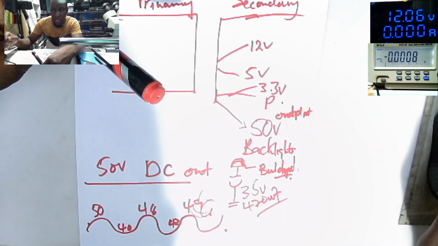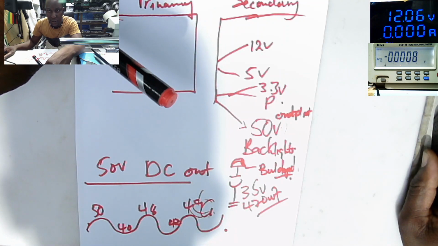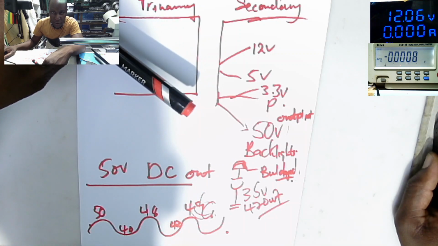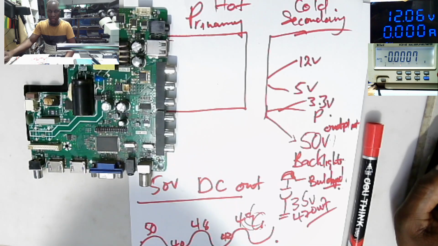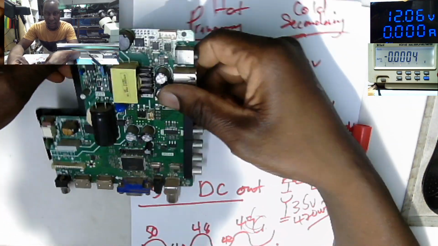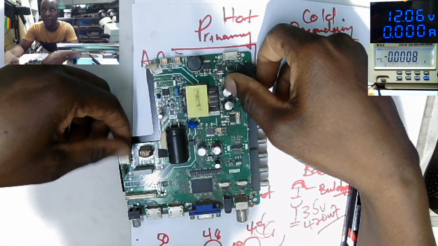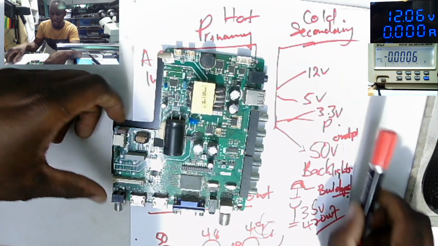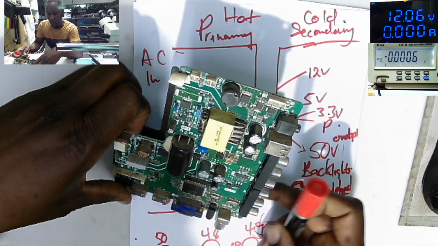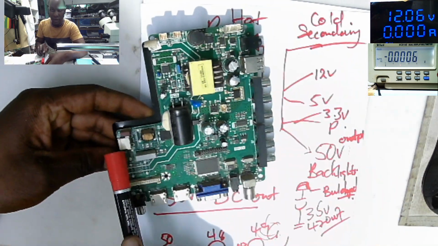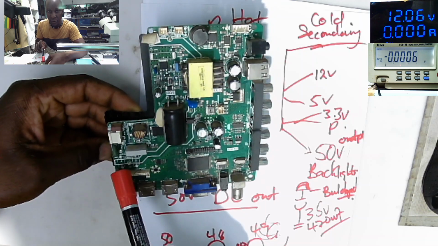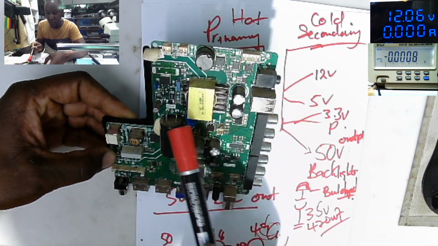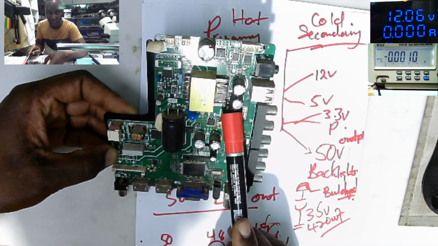So let me take the board out and then we'll check together. Okay, so we just finished stripping the TV, and you can see here we have the AC connector, and we have the big double line which is separating the hot side and the cold side.